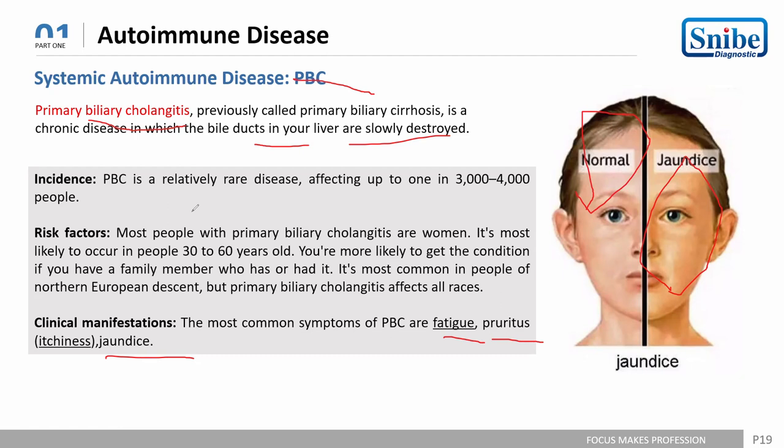It most likely occurs between the ages of 30 and 60, and is more likely in people whose family members have or had it. It is most commonly a genetic disorder and is most common in those of European descent, but primary biliary cholangitis affects all races. So this is all about the information.